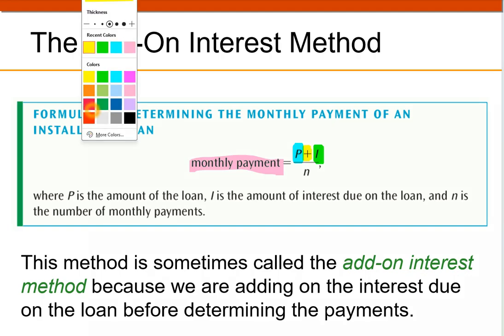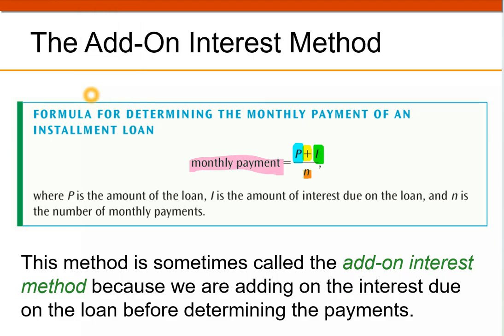And the last thing is they are going to divide it by n, where n is the number of monthly payments. So there's 12 months in a year, and depending on how many years you set up, the standard for a car loan is usually 4 years, 5 years, or 6 years.